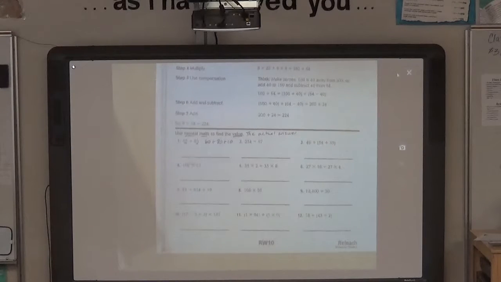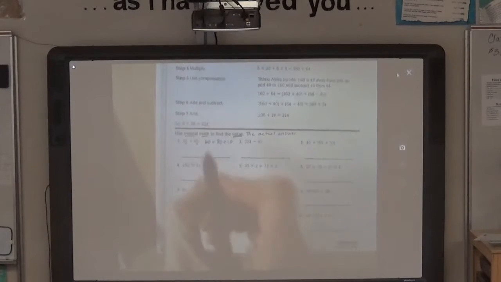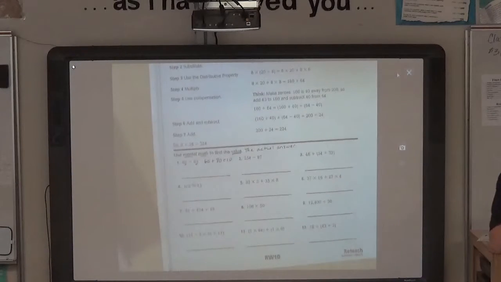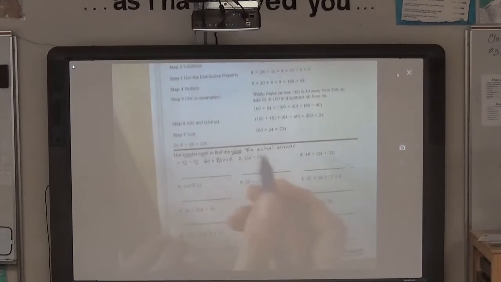Taking the ones away from the tens, so it's 60 plus 80 plus 10. So rewrite the problem and change the numbers. We're not estimating, but we're breaking the numbers up. We're putting them together in different ways in order to do the math mentally. 60 plus 80 is 140, plus 10 is 150.